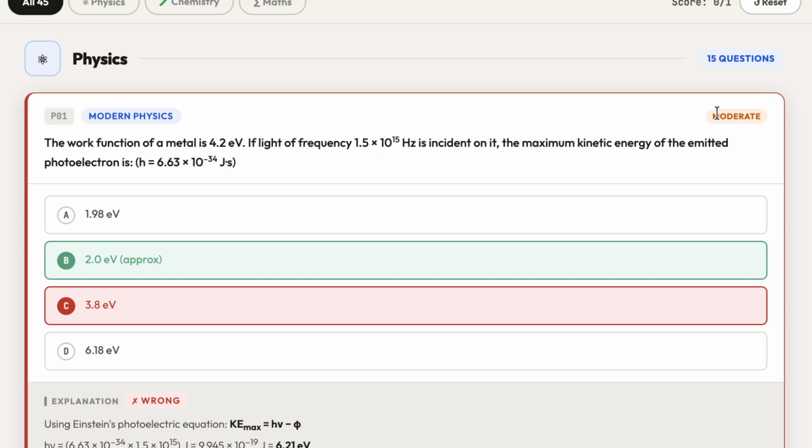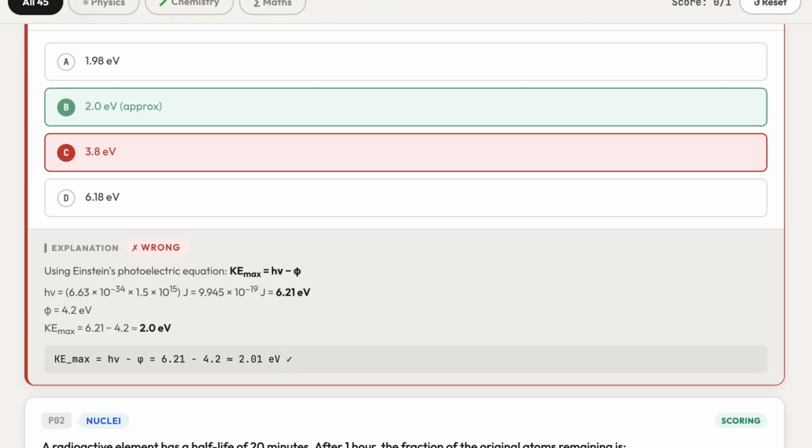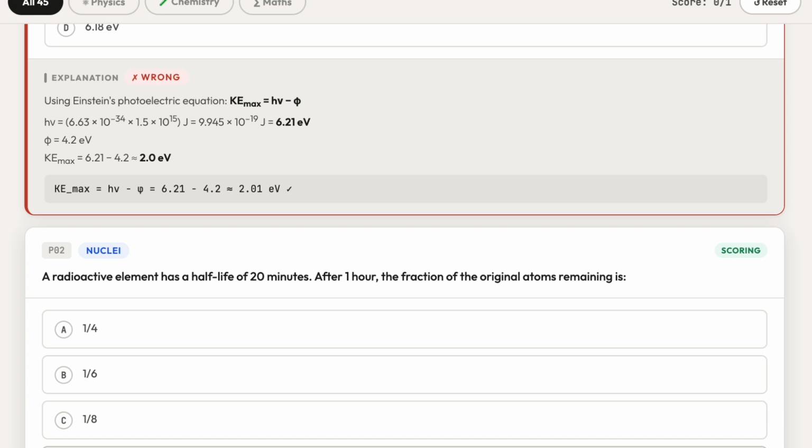For example, if this question is moderate and you have spent 5 minutes or 2 or 3 minutes, based on that you can analyze how you have prepared, and take decisions to improve the efficiency and timing of solving questions from that particular topic. There's also an explanation that you will find on what the right answer is and how the 2.0 eV is obtained. In the same way, if we scroll down more, there is a question based on nuclei.